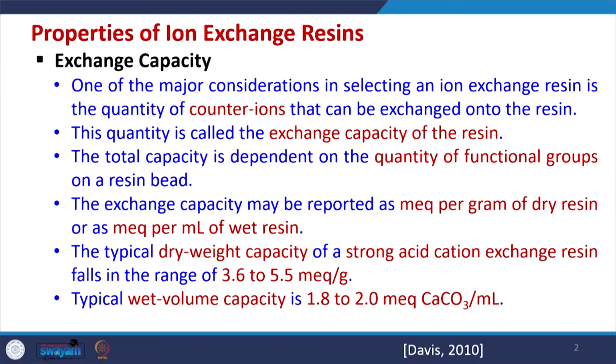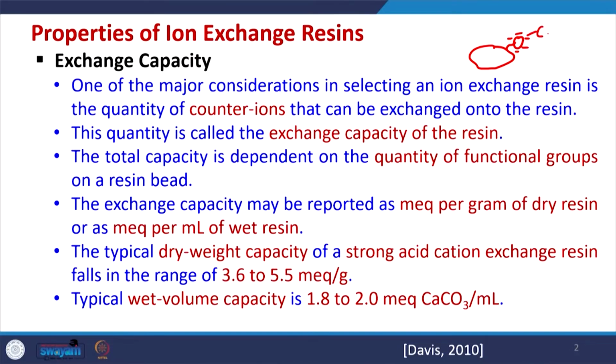One of the major considerations is the quantity of counter ions that can be exchanged onto the resin, which is called the exchange capacity. So, we always try to find out this quantity which is called the exchange capacity of the resin. The total capacity of any resin with respect to ion exchange depends upon the quantity of functional groups which are present on a resin bead.